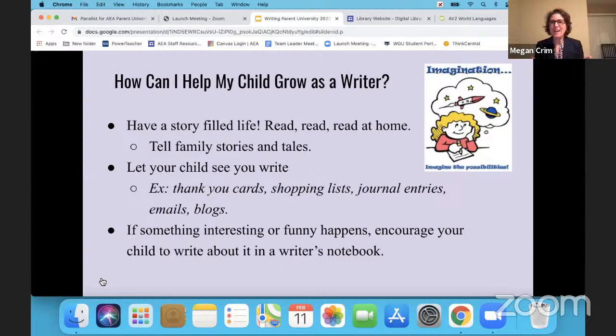And he uses transition words in his oral language. He says things like suddenly or it all happened when. And I'm convinced that that is because he has a home filled with books. He listens to books.